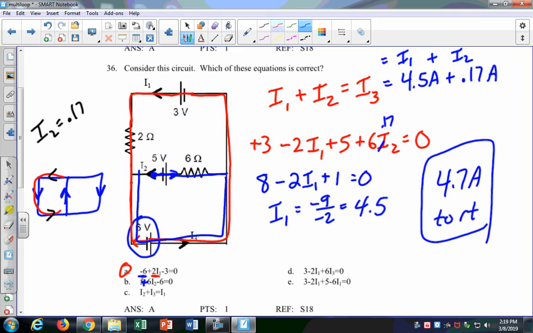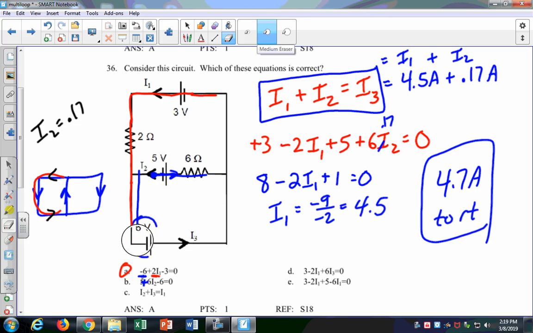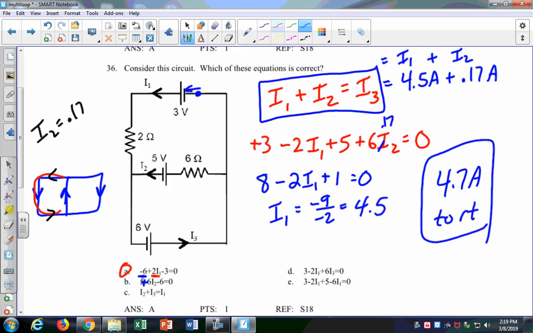It says I2 plus I3 is equal to I1. We've already written the junction rule, and that ain't the junction rule, right? Because the input and outgoing currents are all wrong. 3 minus 2I1. 3 is starting right here, going in this direction. 3 minus 2I1.